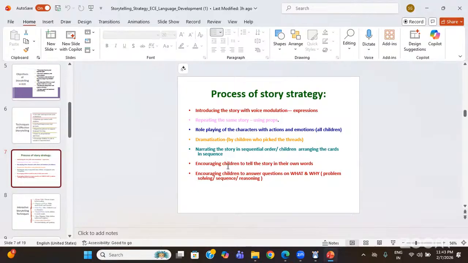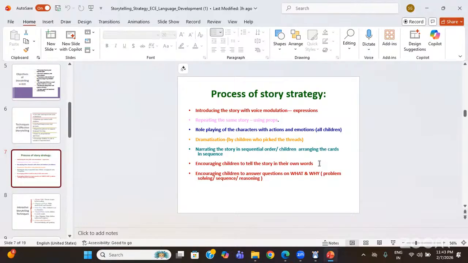So the next technique is encouraging children to tell the story in their own words. Finally, because in the first technique they heard the story with voice modulations and expressions. Next, the same story is repeated using flashcards or a storybook or story cards.